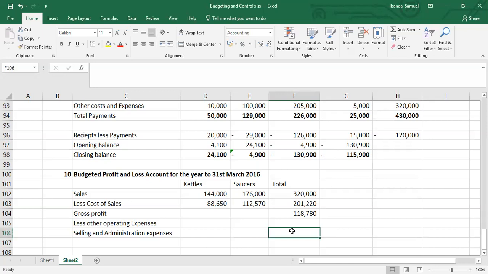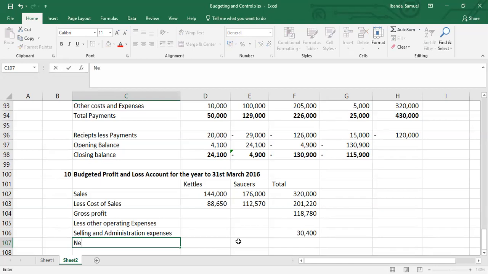If you look at the question, this is Roman number vii, item 7. They gave us this value to be 30,400. So what this means is that we don't have any other expenses other than this.